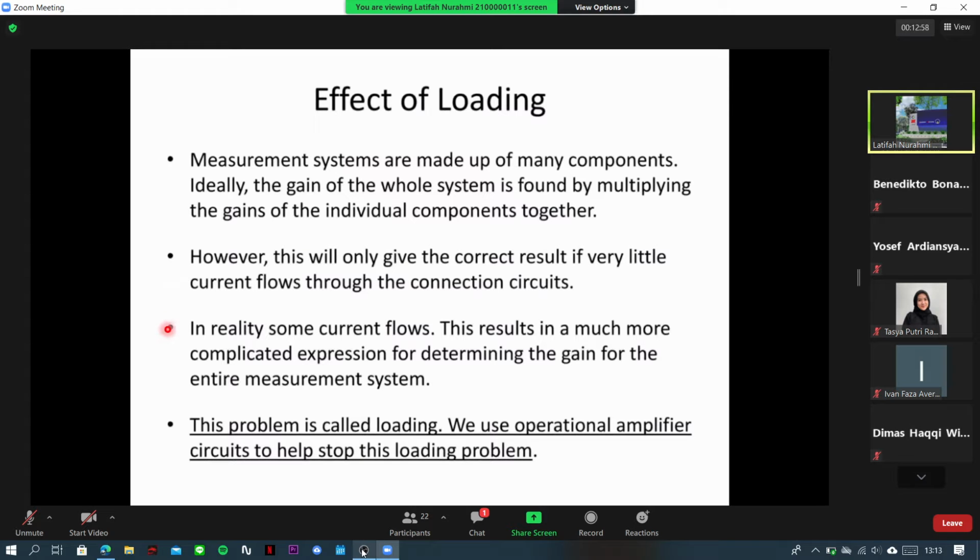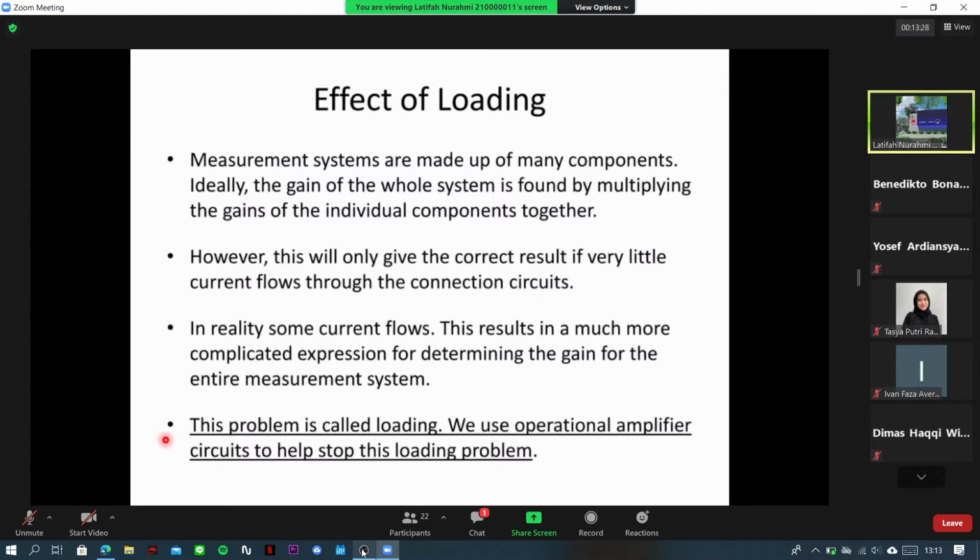And next, point number three, in reality, some current flows. This results in a much more complicated expression for determining the gain for the entire measurement system. When you have one element, you have the gain for that element. Then if you have many elements, you will have a gain for each element that you have to multiply.